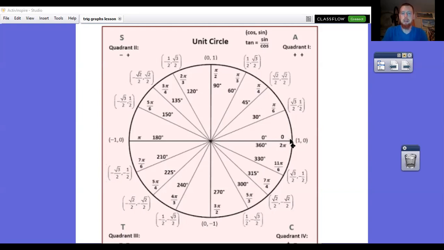And then what happens as you rotate in a counterclockwise manner around the unit circle? Well, your sine values are increasing. From sine of pi over 6 is 1/2 to sine of pi over 4 is square root of 2 over 2 to sine of pi over 3 is the square root of 3 over 2. And then you get to pi over 2 and you have a sine value of 1. And you think, boy, this sine function is great.